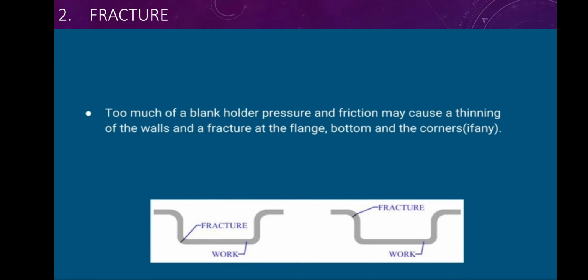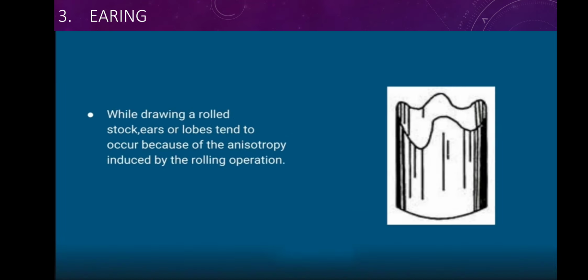The next point is earing. Earing is the formation of waviness on the uppermost portion of a deep drawn cup.